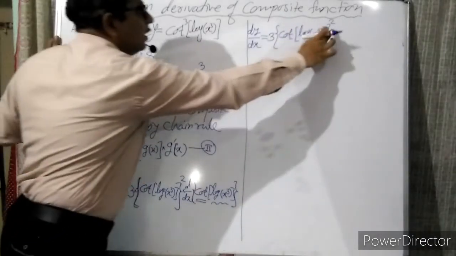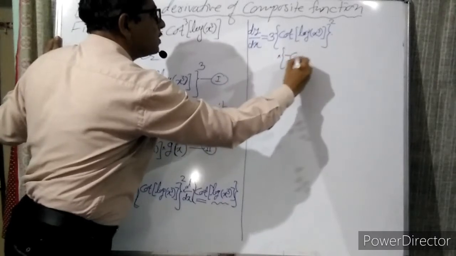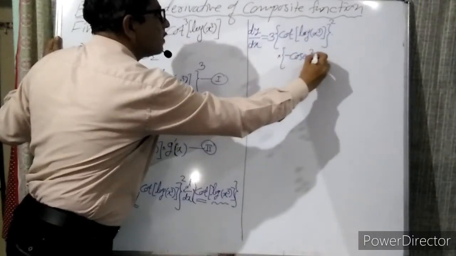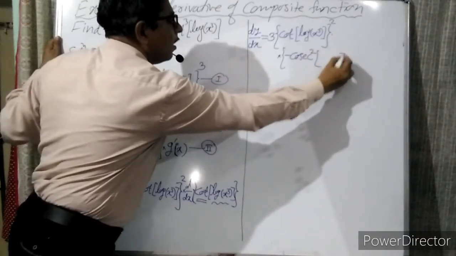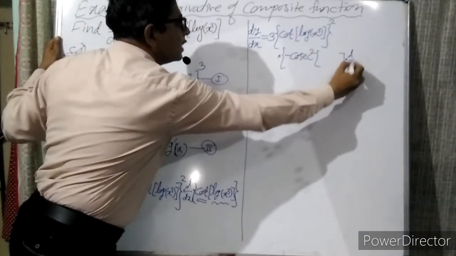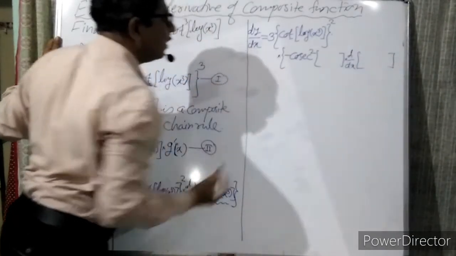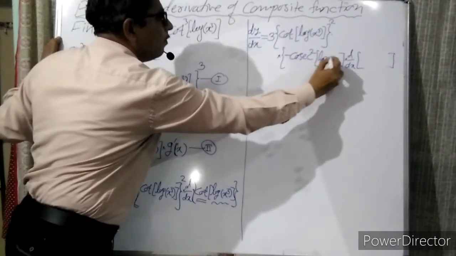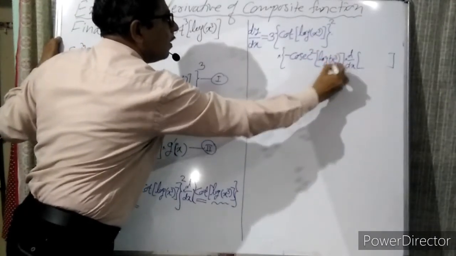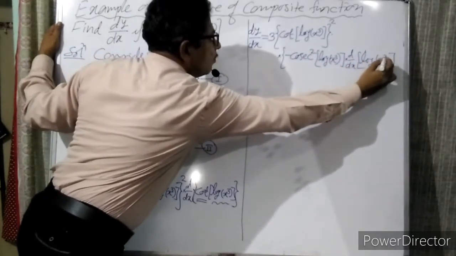So I will write that here, into minus cosec square of u, u is this bracket, into dy dx of this bracket, and that bracket is log of x cube.